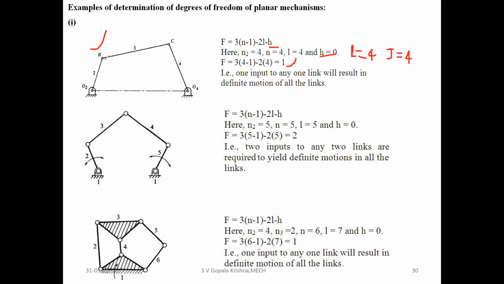That means if the second link is acting as the crank, then it is converting to turning motion. These two are turning, so the rotary motion is being converted to turning motion.